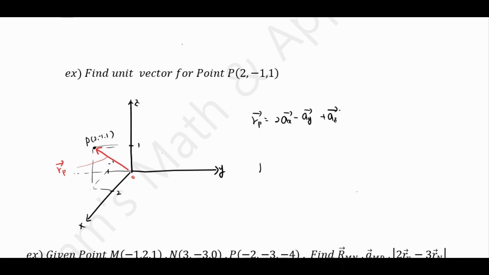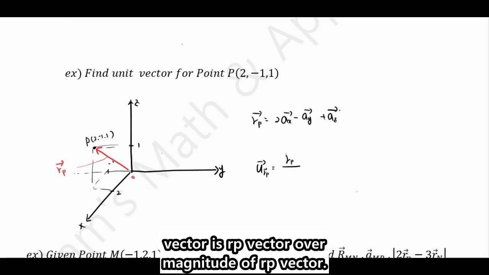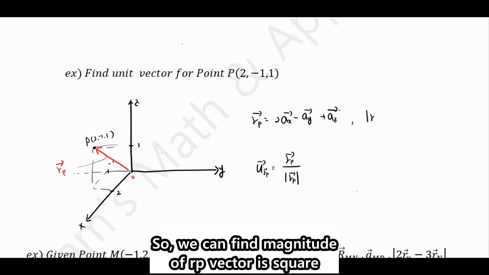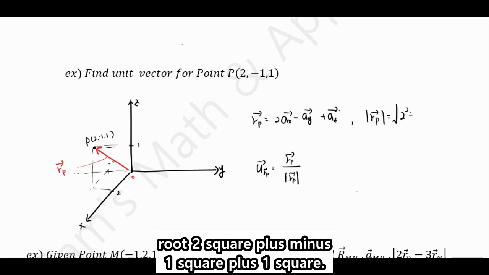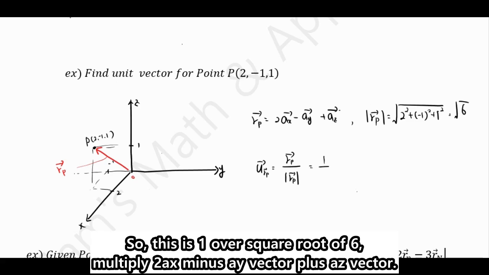The unit vector of Rp vector is Rp vector over the magnitude of Rp vector. The magnitude of Rp vector is the square root of 2 squared plus minus 1 squared plus 1 squared. This is square root 6. So this is 1 over square root 6 multiplied by 2ax minus ay vector plus az vector.